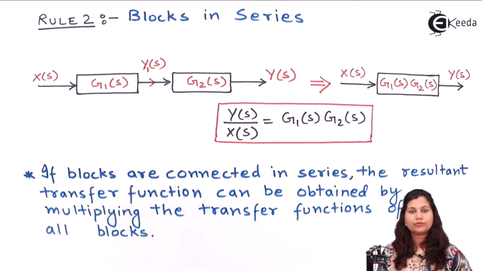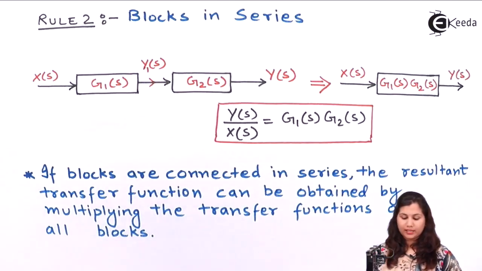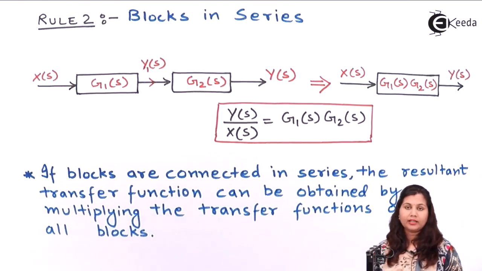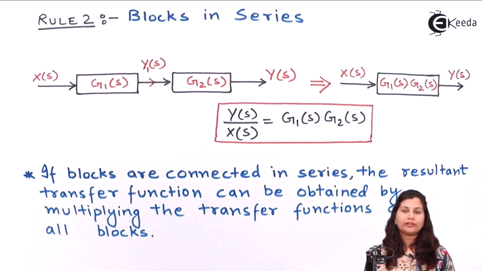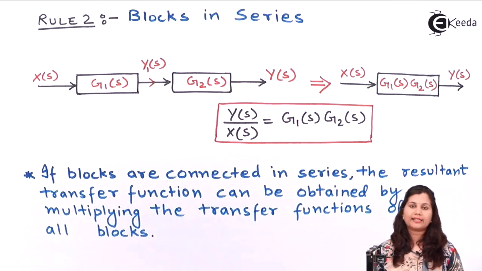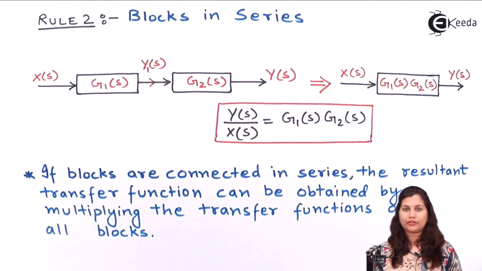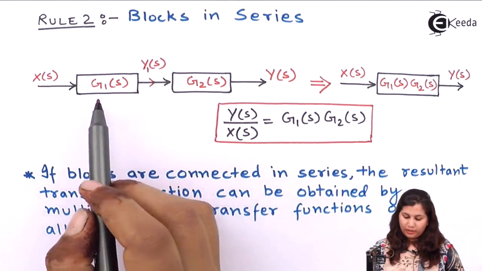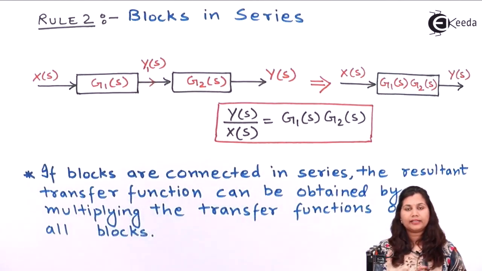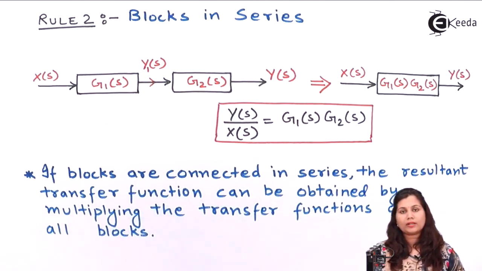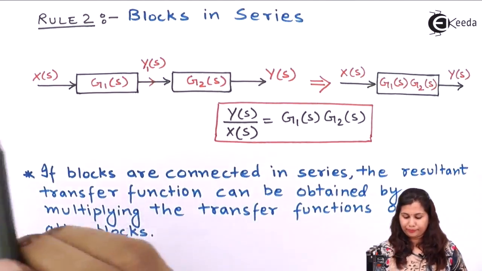Now the second rule of this technique is how we solve or reduce the blocks which are connected in series combination. We have already studied how blocks are connected in series combination.